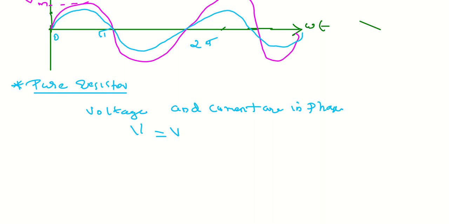We know that V is equal to Vm sin omega t, and using Kirchhoff's law we get I is equal to Im sin omega t. So it is in phase because omega t is the same, and the minima and maxima are at the same place. When voltage is minimum, current is minimum; when voltage is maximum, current is maximum. So the current and voltage are in phase in a pure resistor circuit.